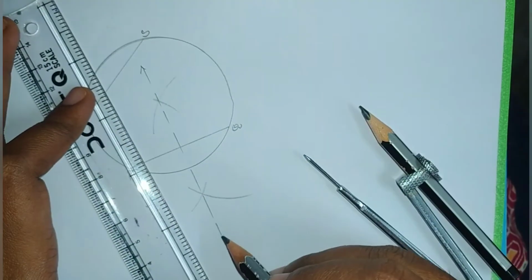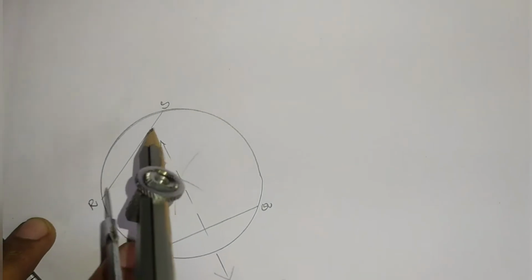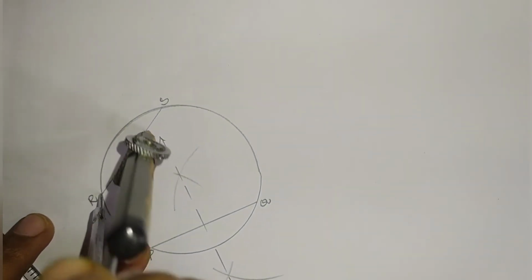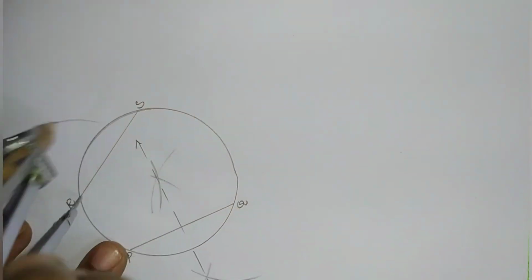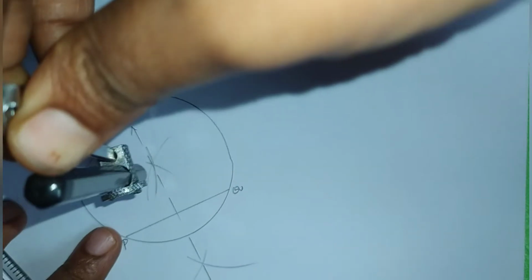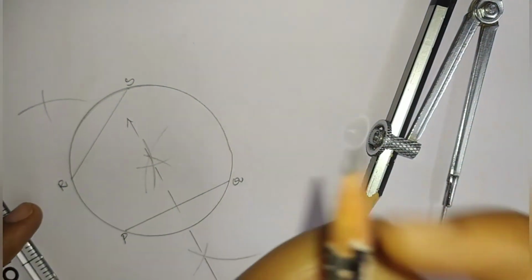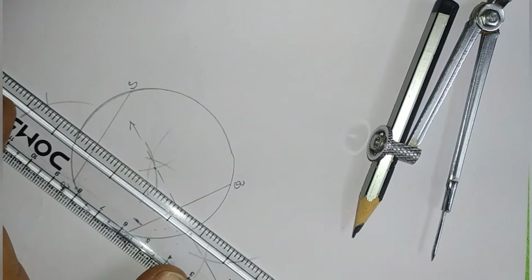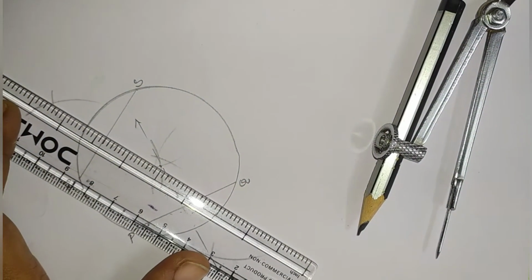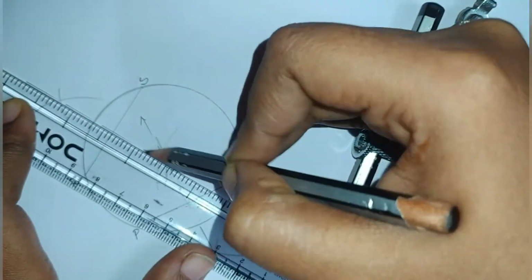Then for RS, draw a perpendicular bisector for RS. This is a meeting point. Now join, another dotted line.